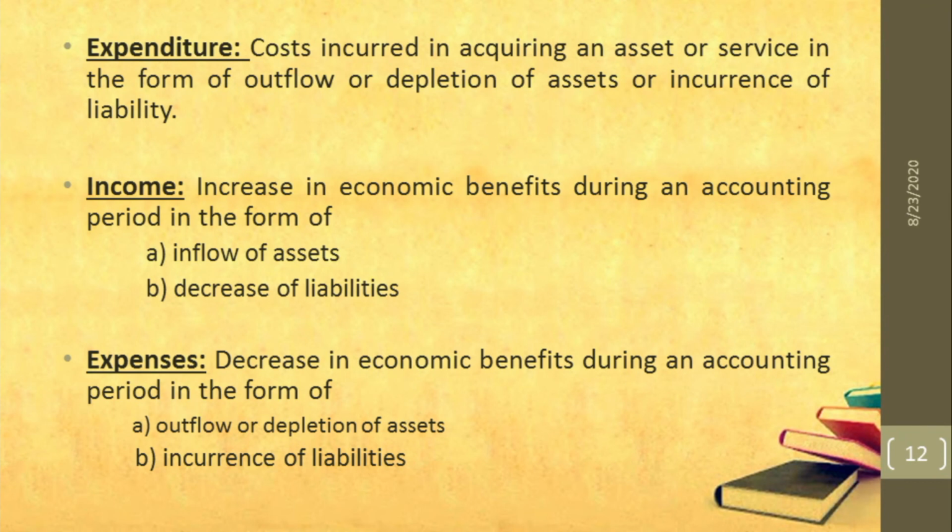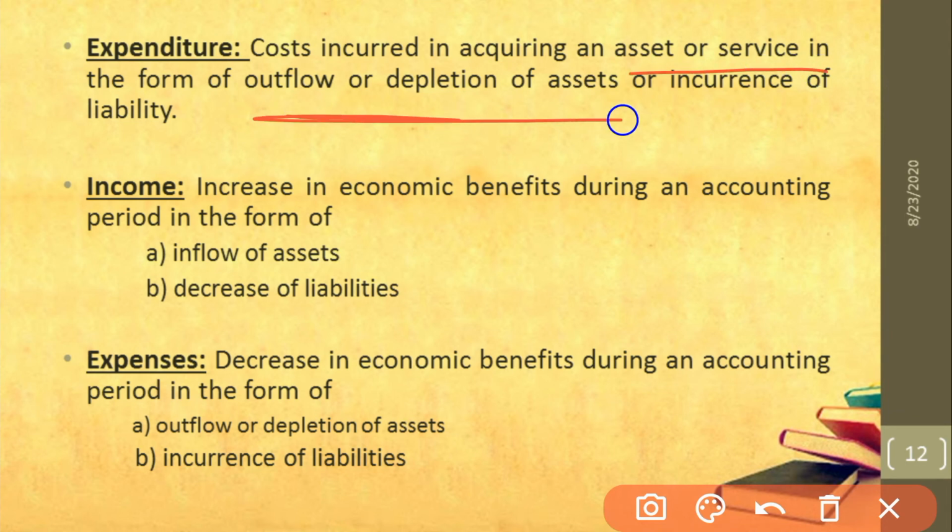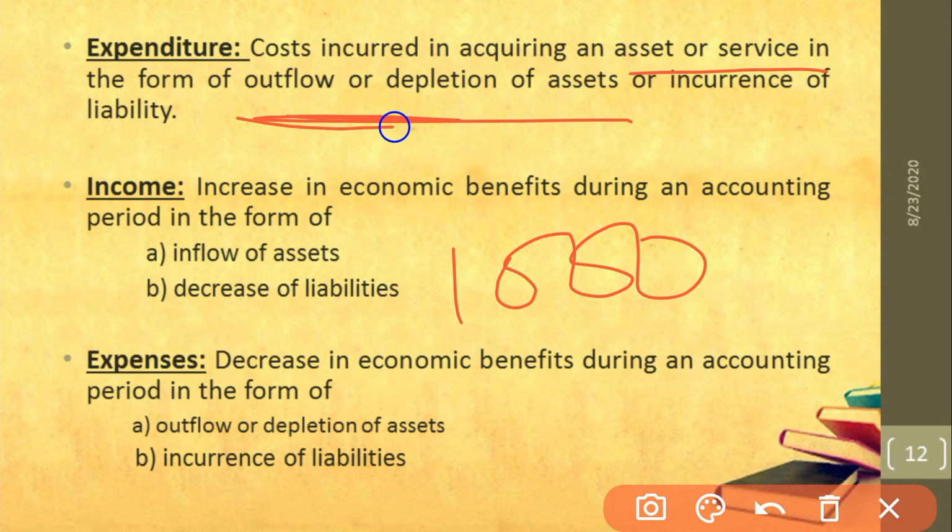Let's move. Next is the expenditures. Expenditures are the cost incurred in acquiring an asset or the services in the form of outflow or the depletion of asset or incurrence of the liability. For example, I have purchased machinery for 10,000 rupees. There is an outflow of rupees 10,000.